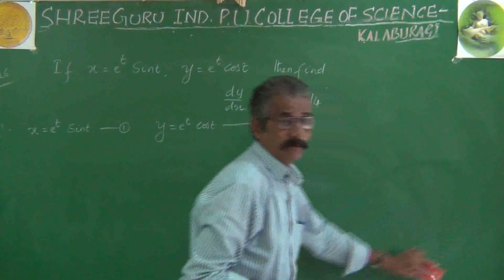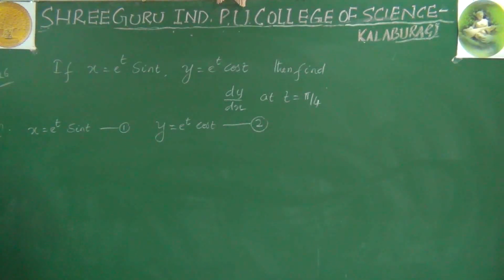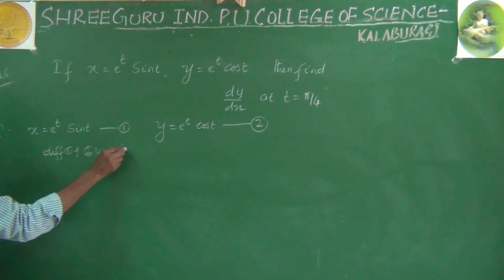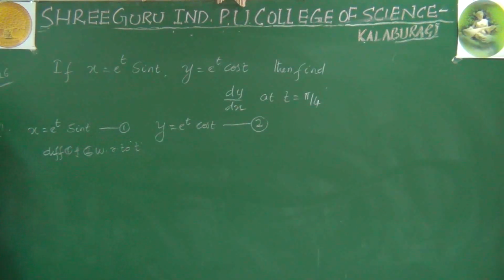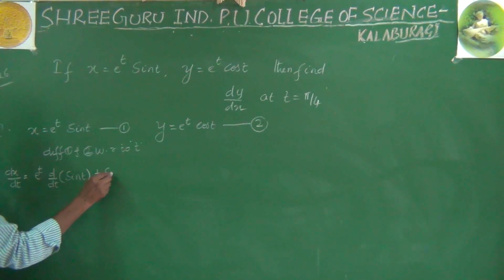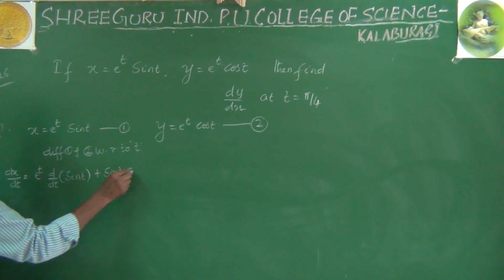We shall differentiate 1 and 2 with respect to variable t. Differentiating 1 with respect to t, here dx by dt. On the right side we need to apply compulsorily the product rule. First function e raised to t into differentiation of sin t plus second function sin t into differentiation of e raised to t.